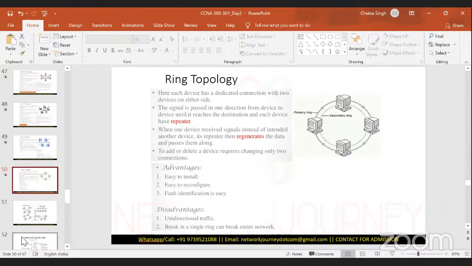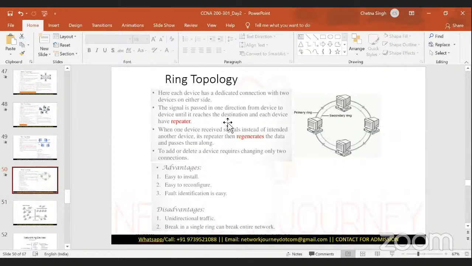Then we have the ring topology. This is quite related to, I don't know if you have heard about, SONET or WDM technology in optical fibers. These technologies use this kind of topology in order to properly design the system.